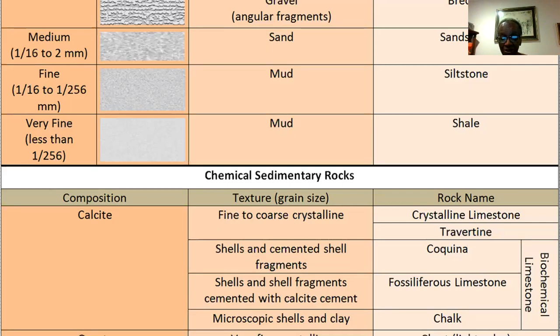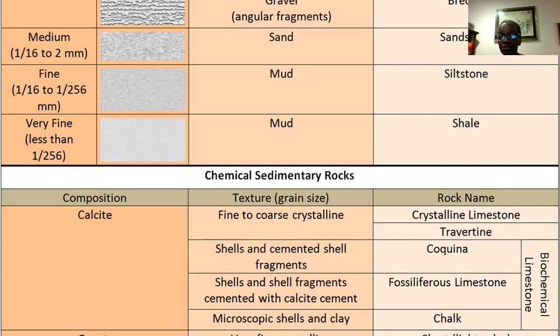If we get smaller, so that the sizes become 1/16 to 2 millimeters, we say that the sediment is sand and the rock is sandstone. You see, we're getting smaller in size, siltstone, until finally we get to shale.